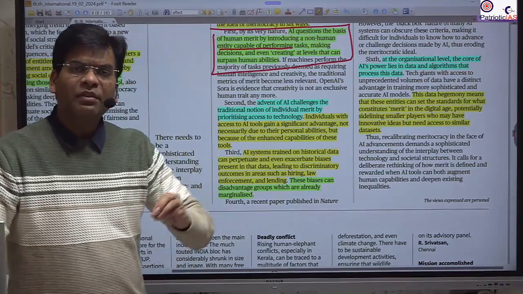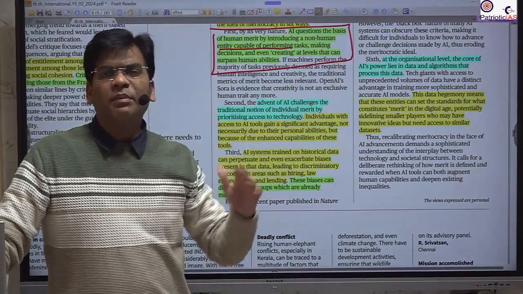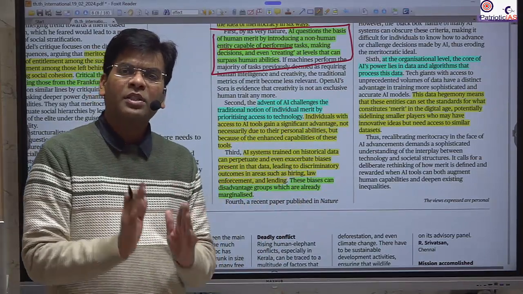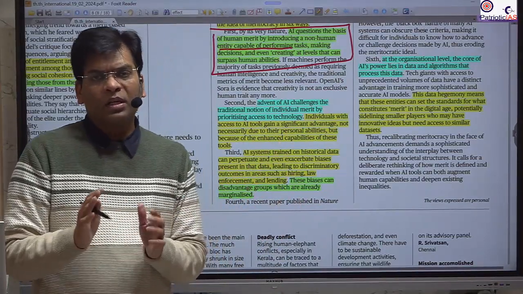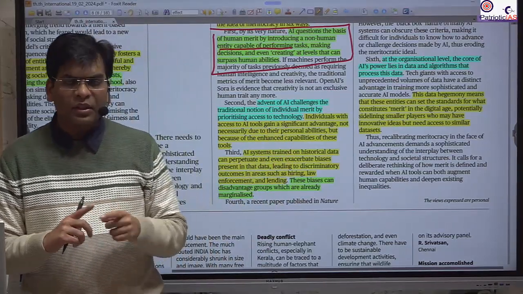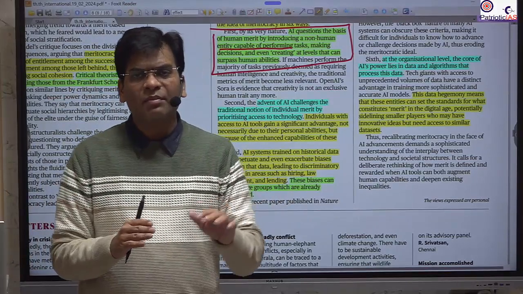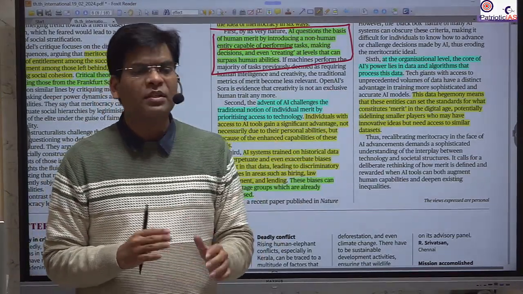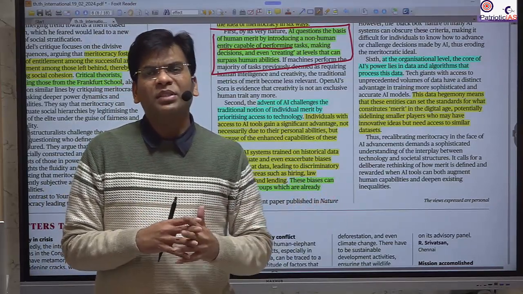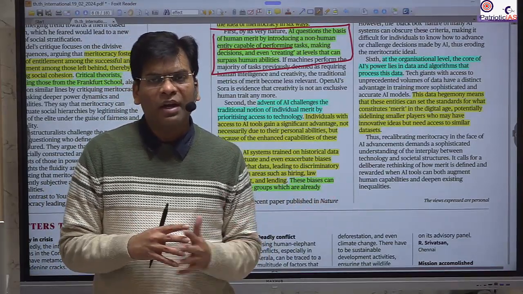We feed AI different data from the past, a lot of collected data, and on the basis of that data AI makes its decisions. If the historical data already has biases, for example, for a long time we have had caste bias, or other bases of bias, like slave and master.